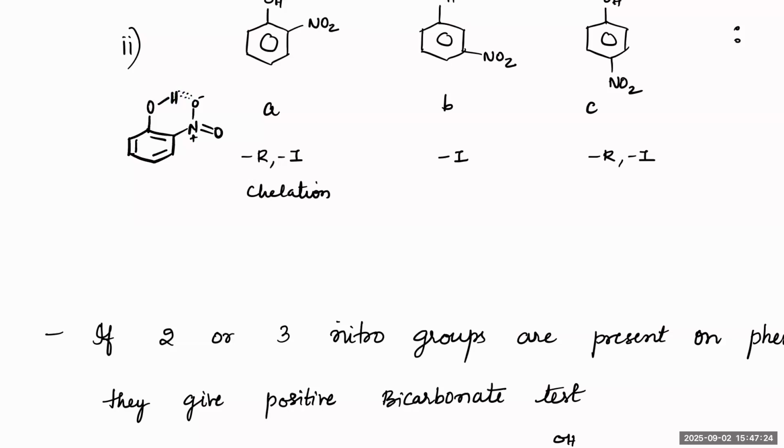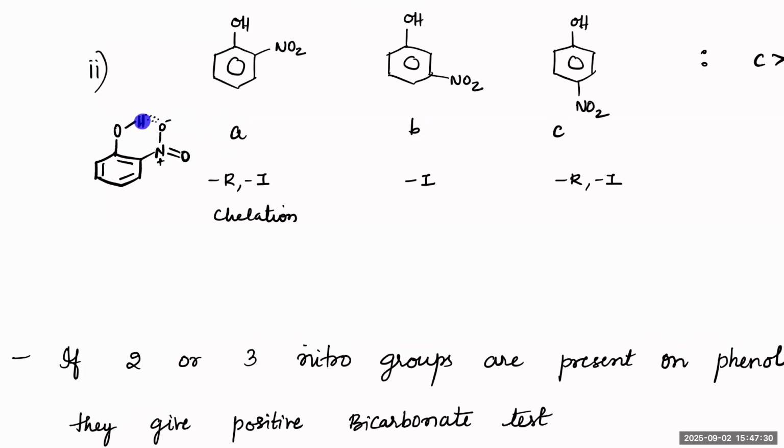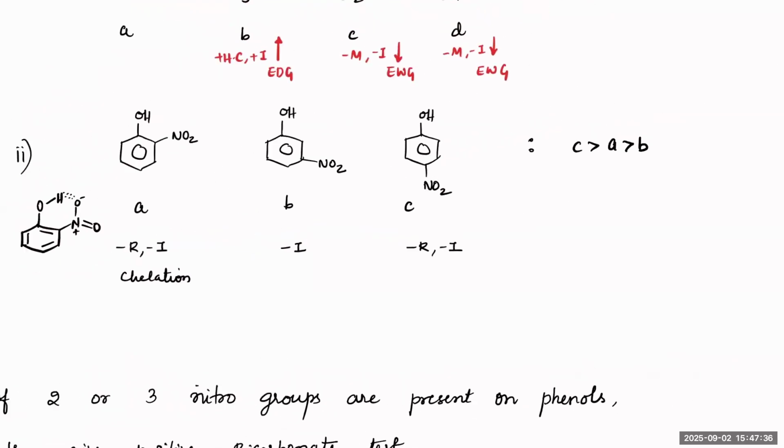Although NO2 is a very strongly withdrawing group, because of this H here it has a slightly withdrawing nature. That is part of chelation. Understood? So in this case, a slight exception is observed: para will be slightly more acidic than ortho, than meta.